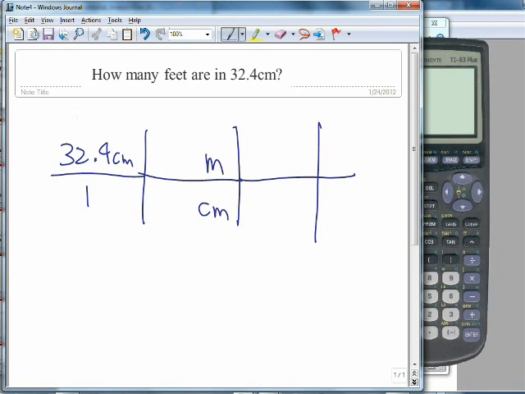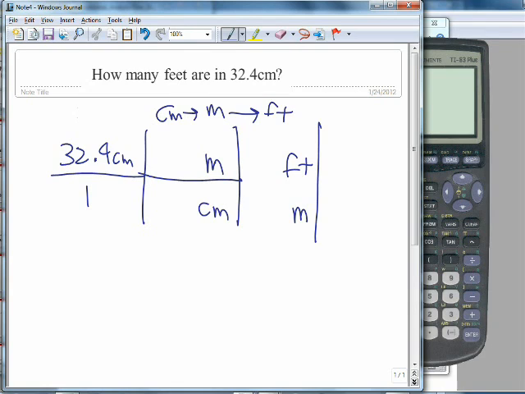So I know meter to centimeter. I know centimeter to meter, and I know meter to feet. So that means I'm going to put our railroad tracks with the conversion factors there. Meter to centimeter, and then meter to feet.